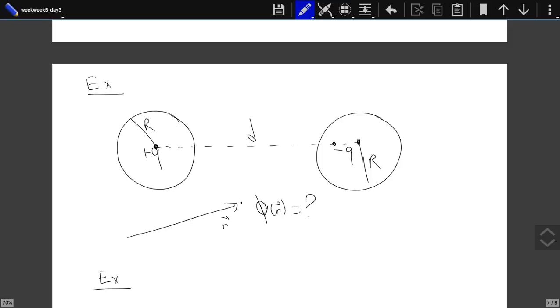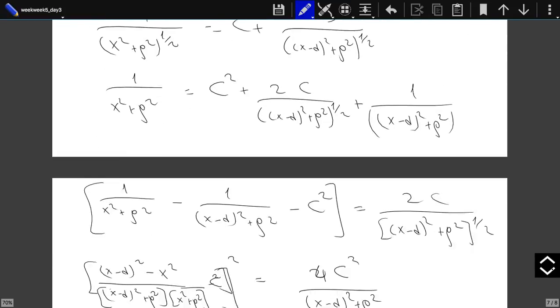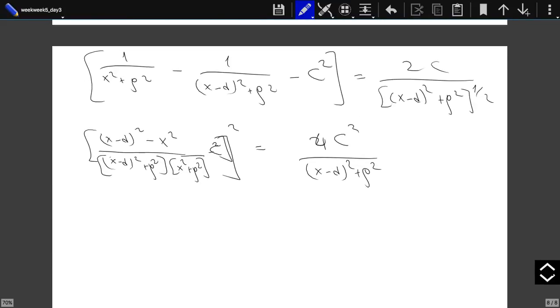Of course, there's still my claim that this determines a sphere. Let's try to simplify it a bit, maybe not to the end. So we have 4c squared divided by (x minus d) squared plus rho squared.